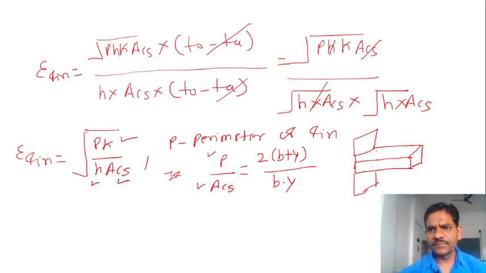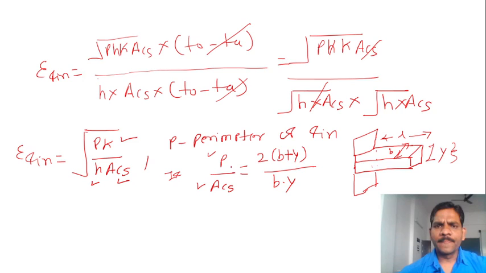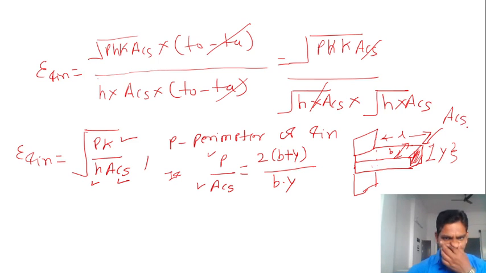Yes. Inside, this is the thickness Y. This portion is B, and this is the length of the fin, right? So this is the thickness, B is the width, and L is the length. So perimeter means this one, and this portion is the cross sectional area, ACS.